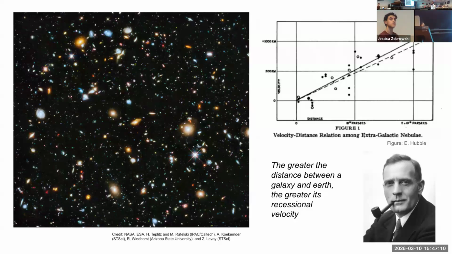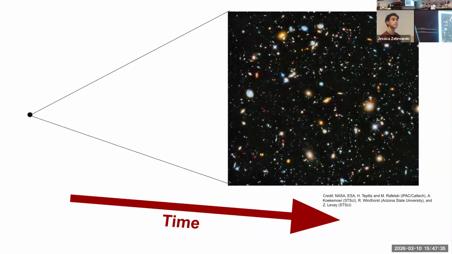Now, one person who famously had similar thoughts and made some measurements was Edwin Hubble. And as you can see in the top right, he made this very famous measurement, which is the greater the distance between a galaxy and Earth, the greater its recessional velocity. And from this measurement, you can infer one of two things. The first is that the Earth is the center of the universe and everything is moving away from it, or that the universe is expanding.